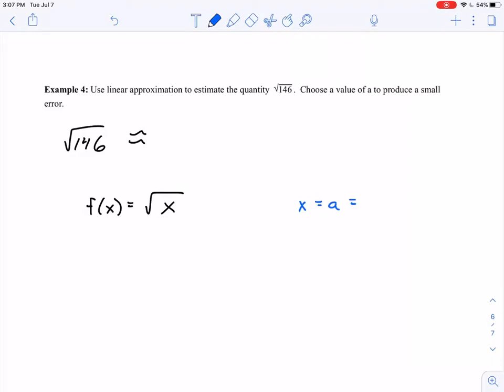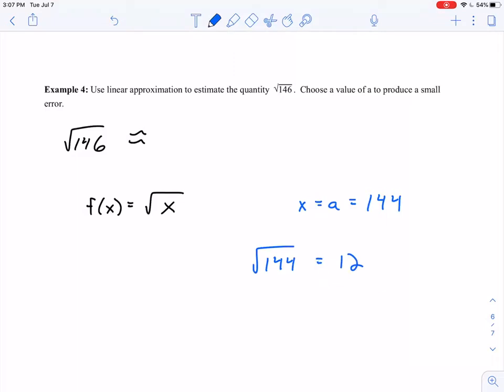You can pause for a second and think about it here. But spoiler alert, the number I'm going to pick is 144. First of all, 144 is pretty close to 146. But I know that square root of 144 is equal to 12. This is kind of why I chose this number.